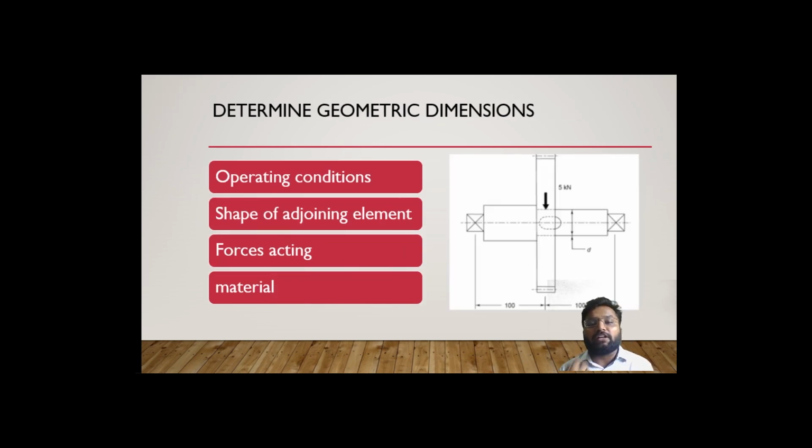Next, we'll look into the determination of the geometrical dimension. The geometrical dimension depends majorly on four criteria. First, the operating condition of that component: if we have a space constraint in a gearbox, then we have to design it for more gears and smaller size. Second, the shape of the adjoining element: if I want to assemble that gearbox, I have to make sure the previous and adjacent components satisfy each other's criteria and help each other get assembled.